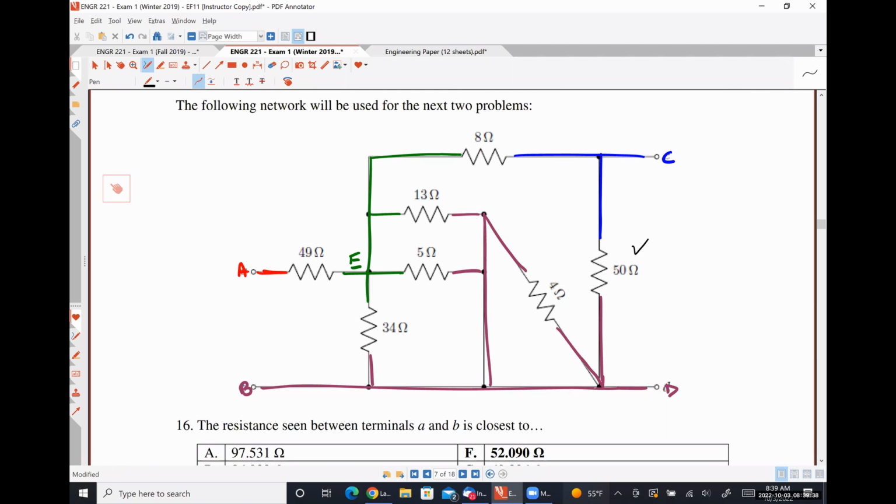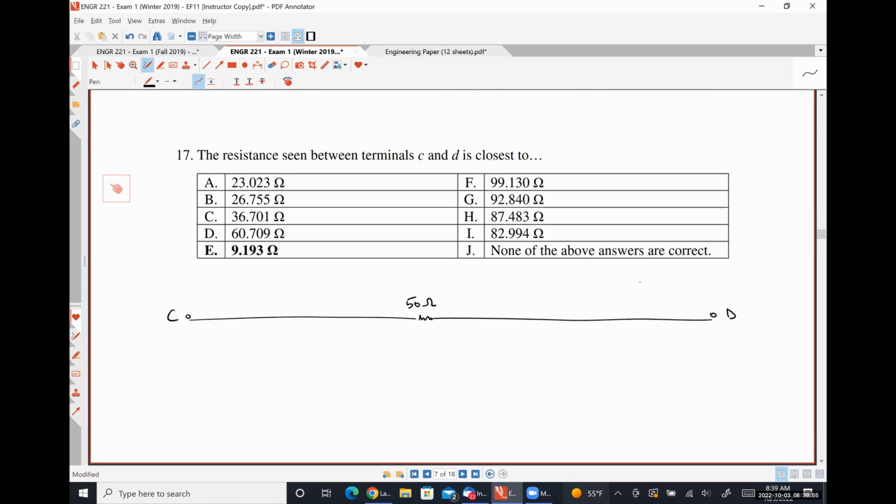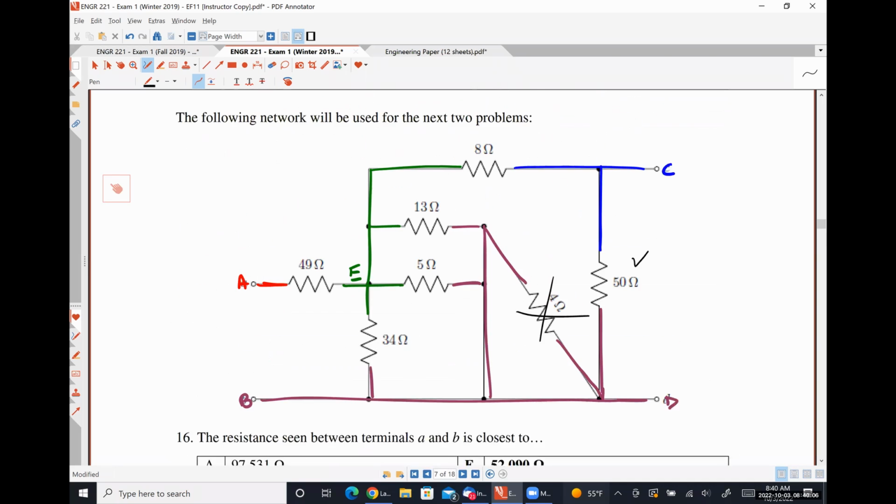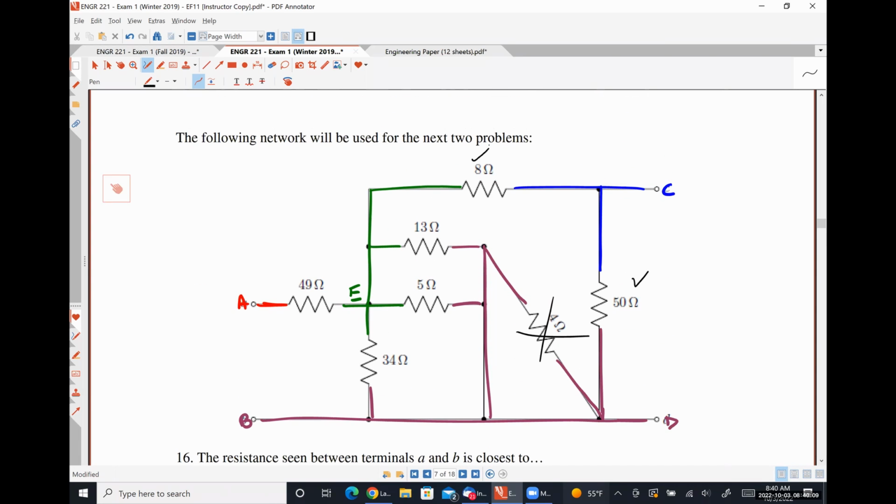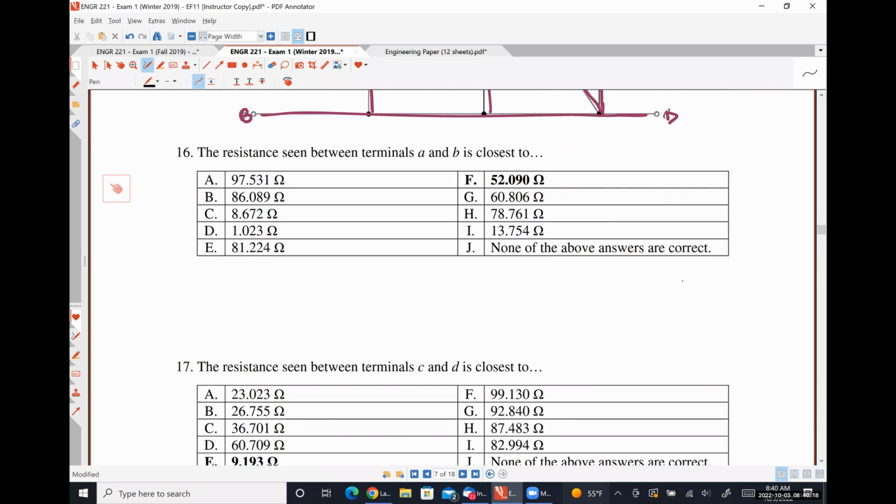This 4 ohm resistor is obviously shorted out since it's connected to the same node on both sides. So I'm just going to throw that away. So I can go from C to E, and that would be the 8 ohm resistor. From E to D, I could go 13 or 5 or 34.